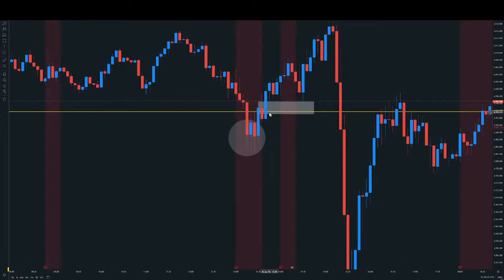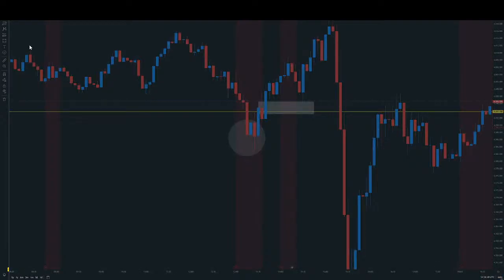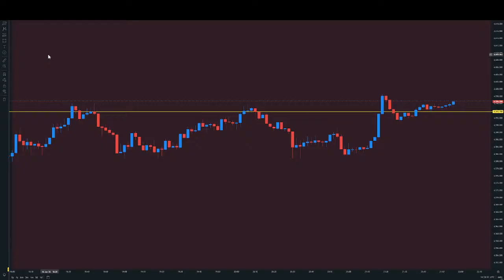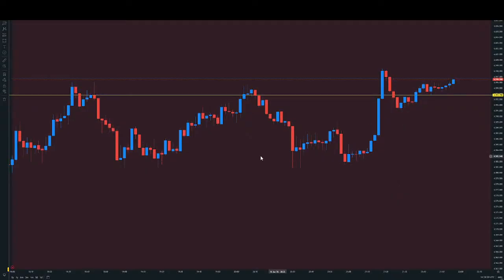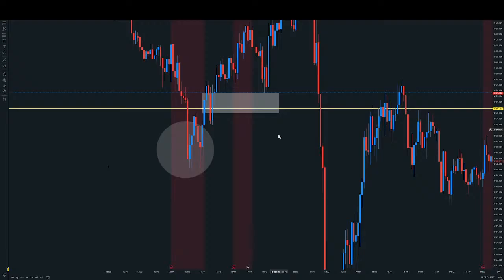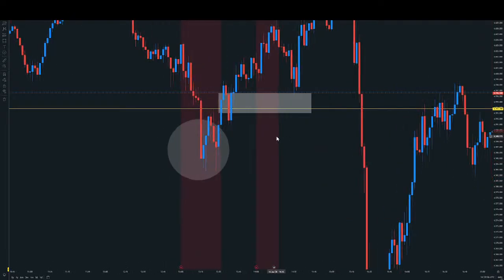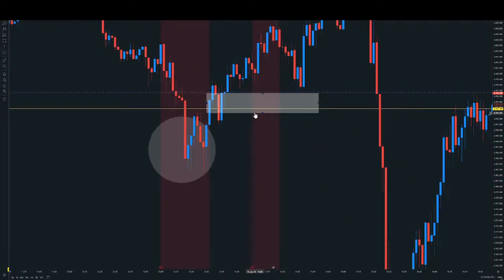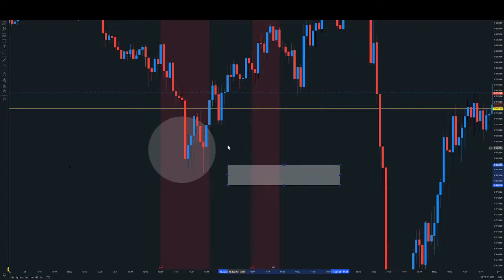This is the 5 minutes. We'll sweep down to the 2 minutes time frame. All right, now see where we have a fair value gap here.